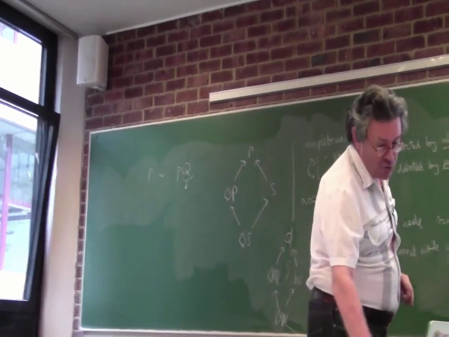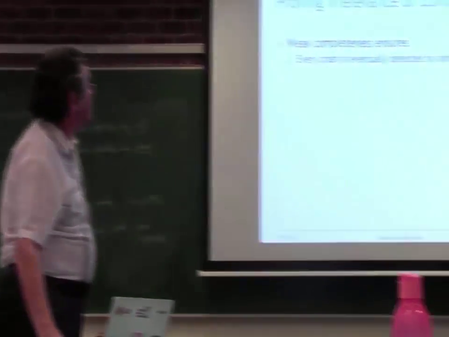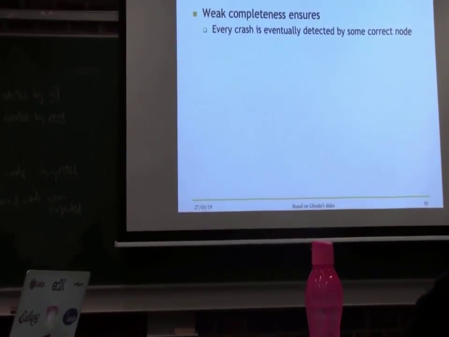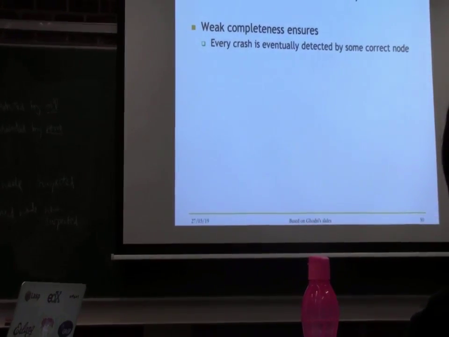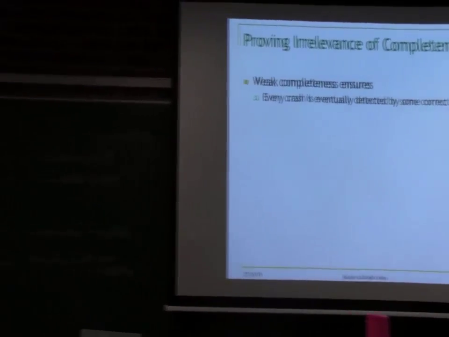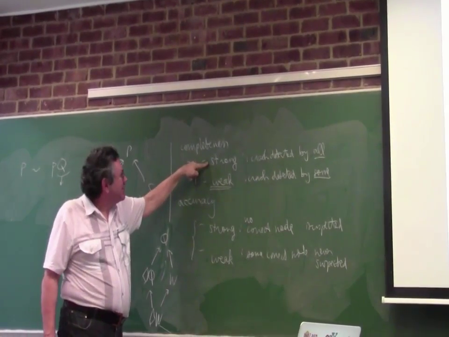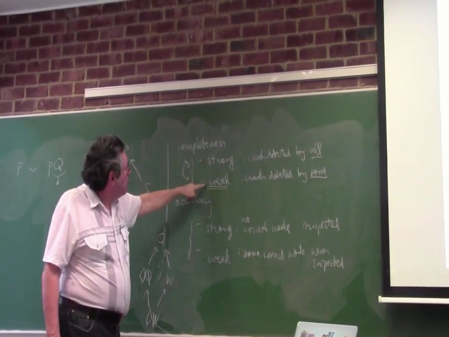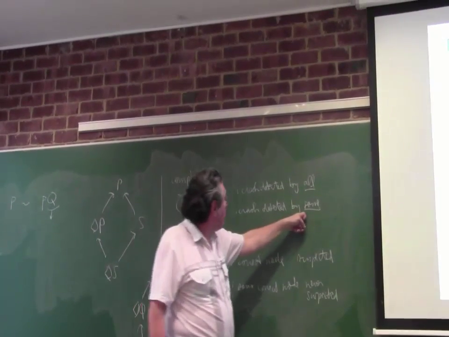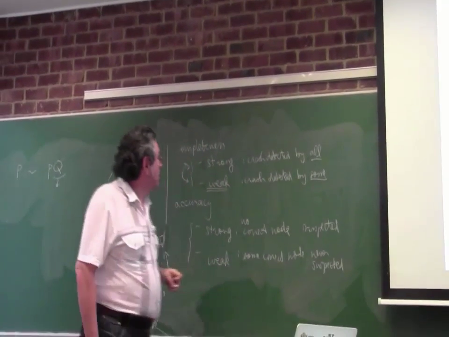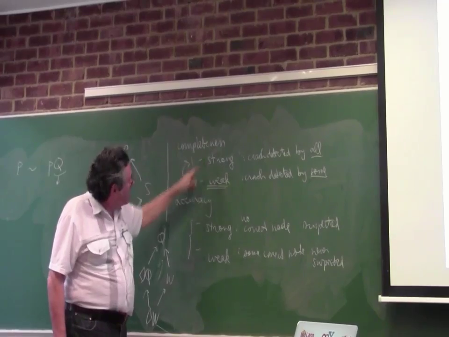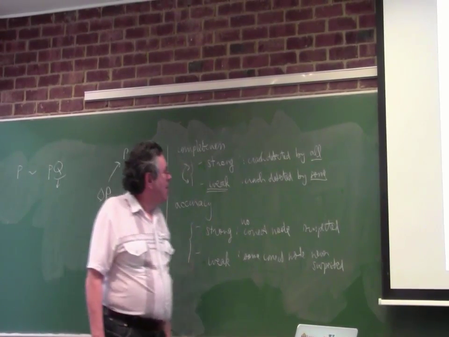So how can you reduce strong completeness to weak? If we have weak completeness, can we implement strong completeness? Weak completeness is some correct node detects all the crashes. So how do we make it strong?